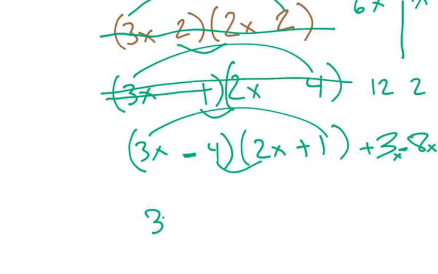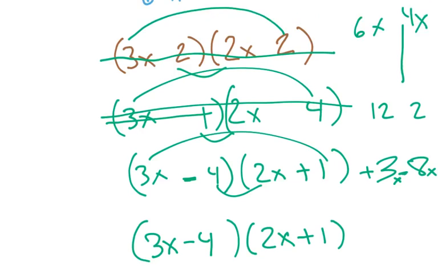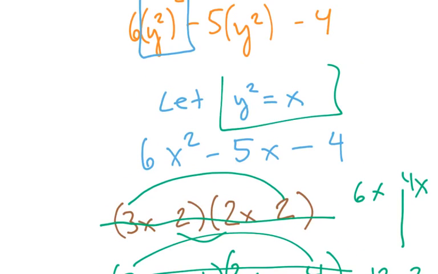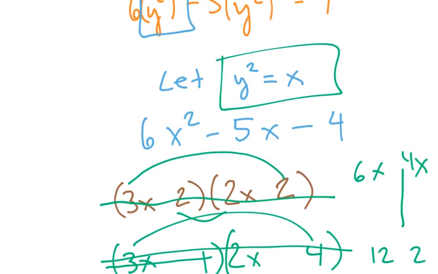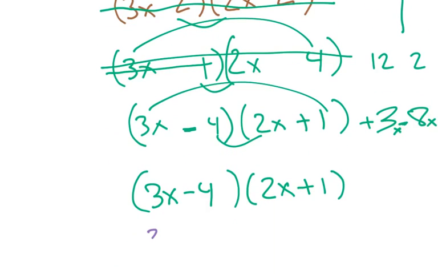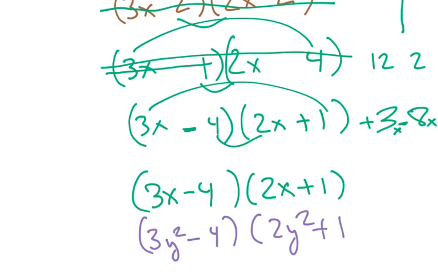So this is 3x minus 4, 2x plus 1. Now, again, remember, x is y squared. So to finish this problem off, let me do this in a different color. To finish this off, we're going to replace x with y squared. And that's my answer.